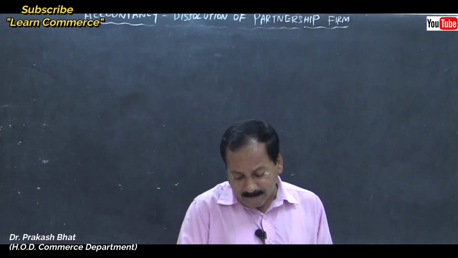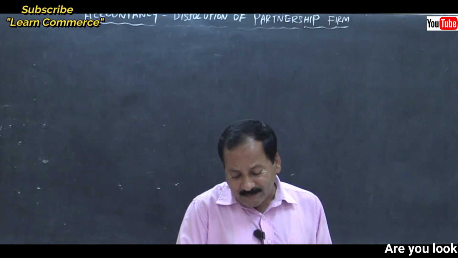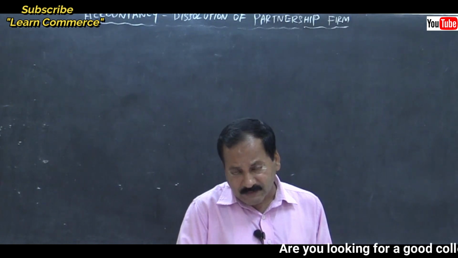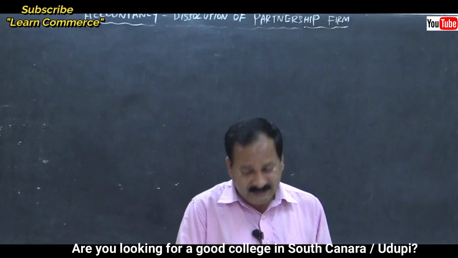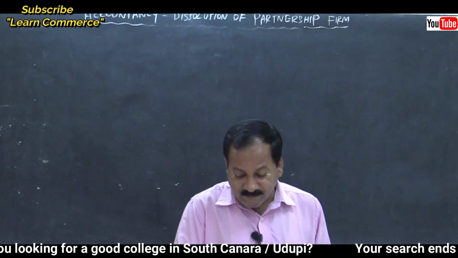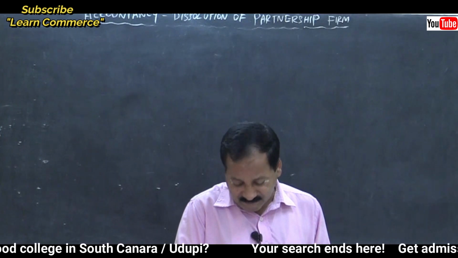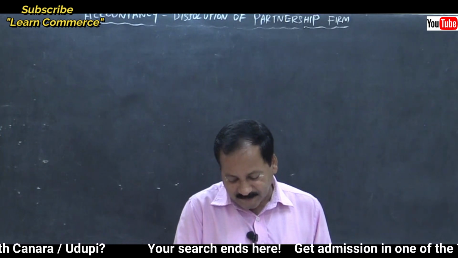Sundry creditors, bills payable, bank loan, all are outside liabilities, external liabilities. Bank loan is also an external liability, we dealt with it in the previous problem. So transfer all the external liabilities.